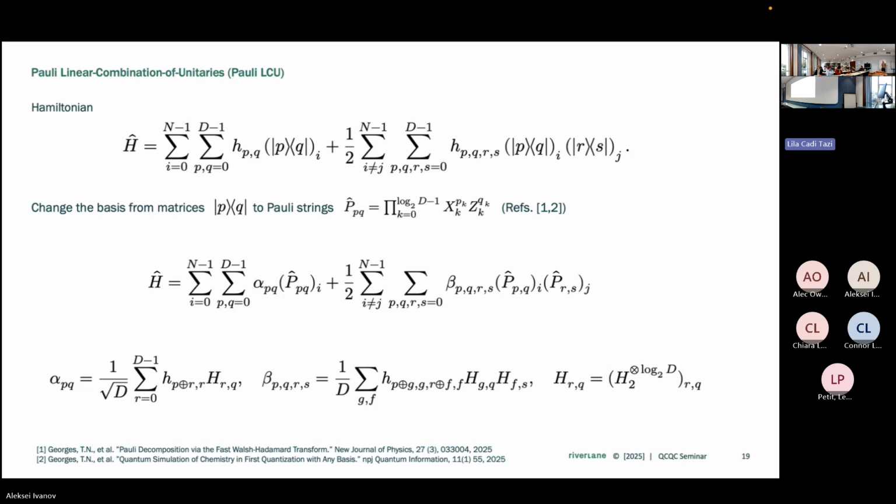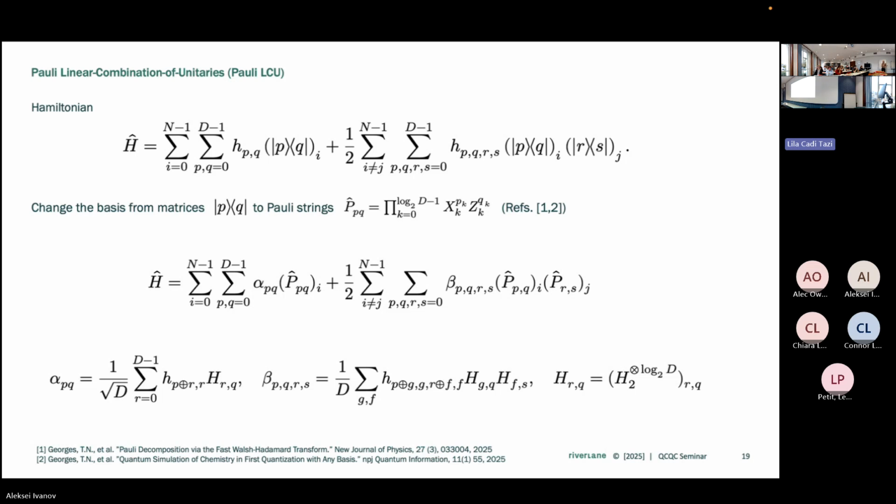So I think the question might be, if h_pqrs is sparse, does that guarantee that the Pauli coefficients are sparse? Actually not. It's a good question. Not necessarily. I think it doesn't guarantee. But what we can see, for example, if you have a symmetric H, you can ask how symmetries in your original H correspond to symmetries of alpha.